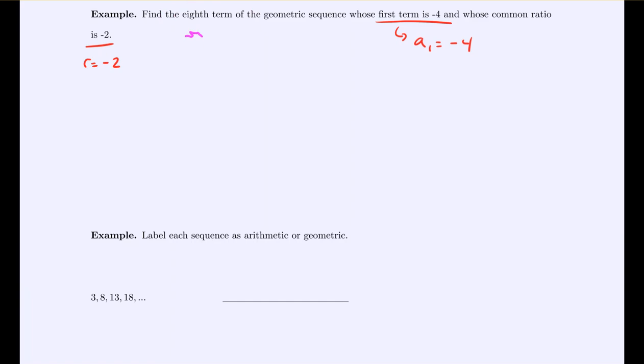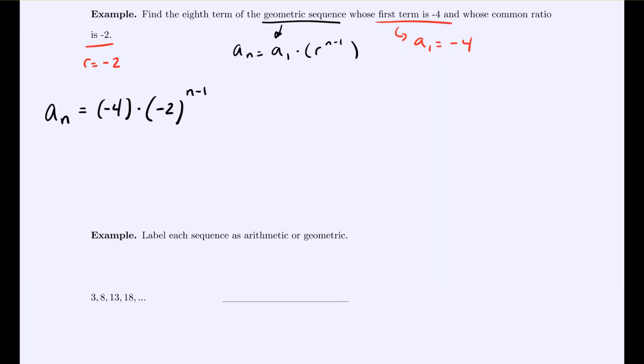Another one is that you could work with the formula, so I'm going to remind us of our general formula. The general formula for a geometric sequence takes the first term and multiplies it by the common ratio to the n minus 1. So I can write a specific case for this example. Our formula is the first term of -4 times the common ratio of -2 all to the n minus 1.